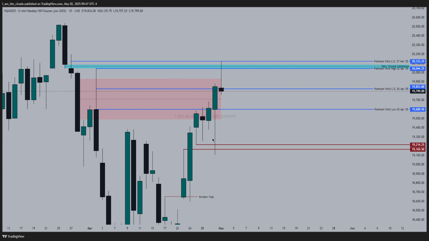And the use of this BISI, buy side imbalance, sell side inefficiency, helped price gather the sell stops that were here and use the help of this discount array to take price higher.